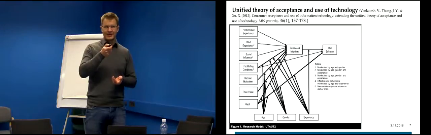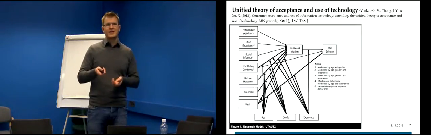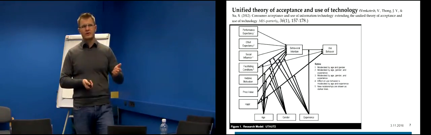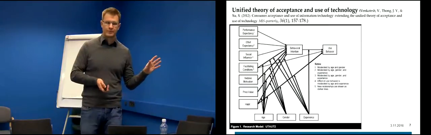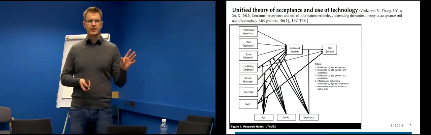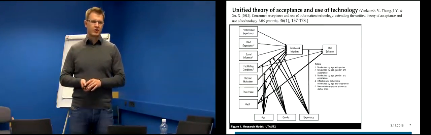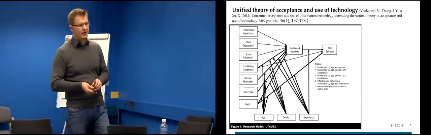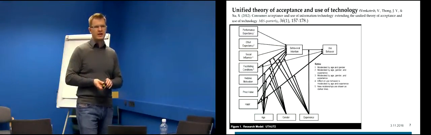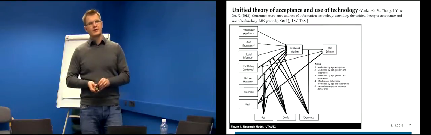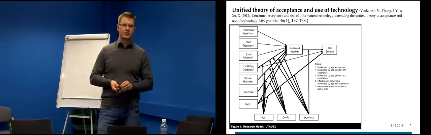Basically, usefulness is performance expectancy, ease of use is effort expectancy, social influence brings forward the social concept of why we are using this technology. Then there are facilitating conditions and some kind of hedonistic motivations, price value, and just use habit that has strong effect on use behavior.